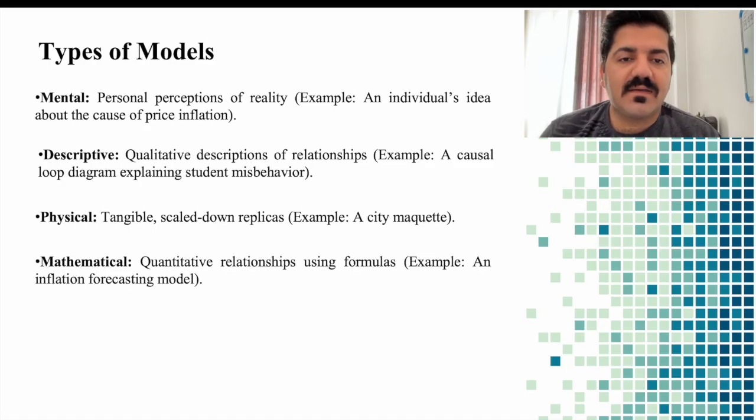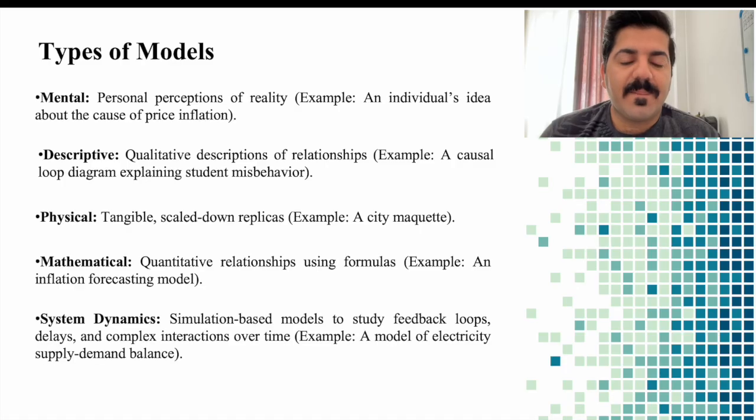Number 4 is mathematical models, formulations quantifying relationships, for example, predicting the inflation rate that I mentioned in the first part in mental models. It can be a mathematical model. And the last one is simulations, analyzing feedback and delay, such as balancing electricity supply and demand.